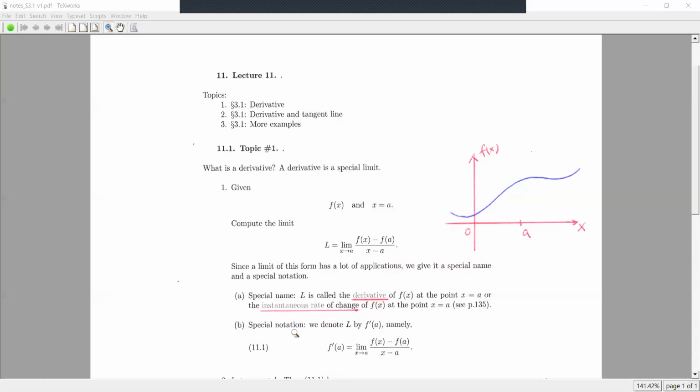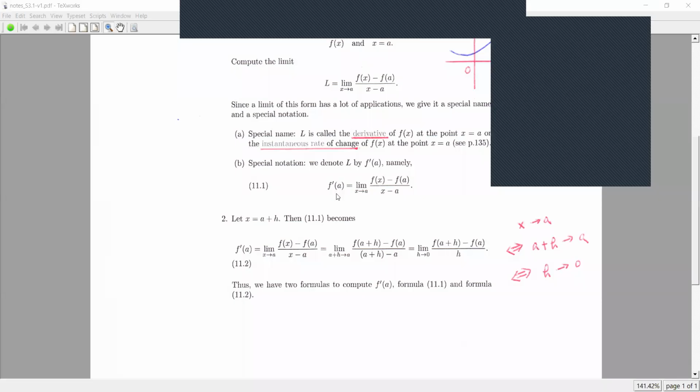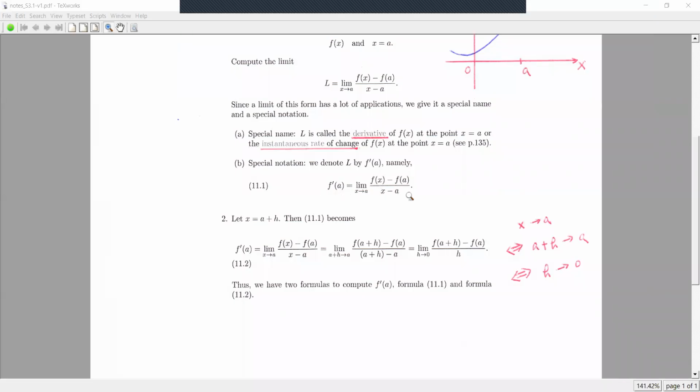The special notation is, instead of using L to denote this limit, we use f prime of a, namely f prime of a is this limit. This is the first formula to compute the derivative of the function f at the point a.